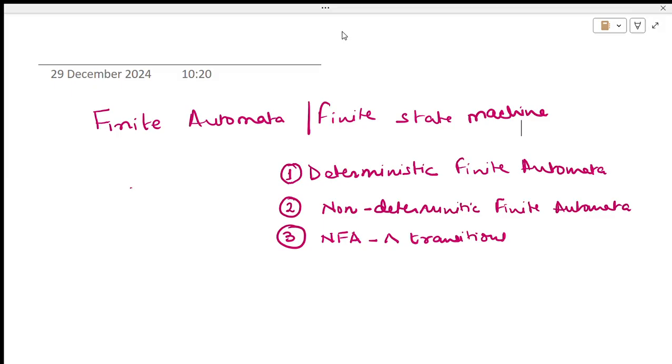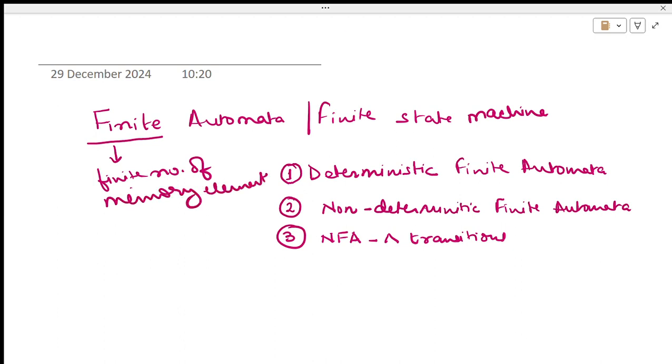What is finite automata? Finite here means it has a finite number of memory elements. So therefore it is called finite automata, also called finite state machine.